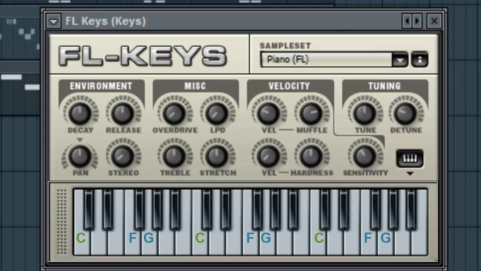Because it feels unfinished. But let's finish it by coming back down to C. So you can see now it sounds completed and it sounds like, okay, thank you. You've brought me back home.